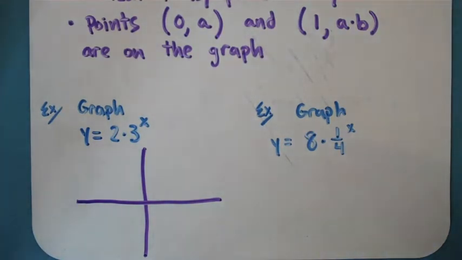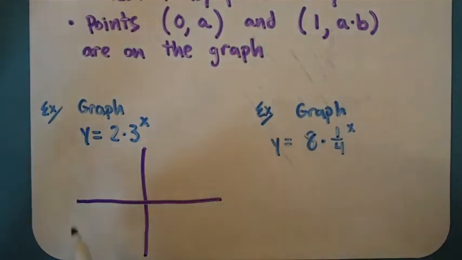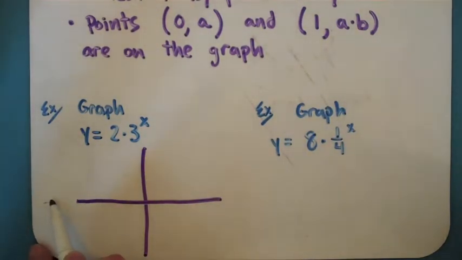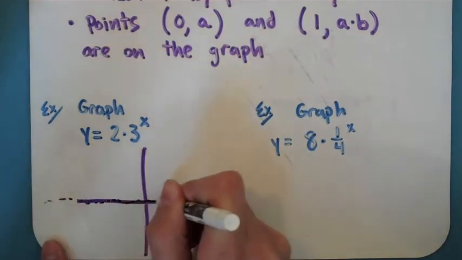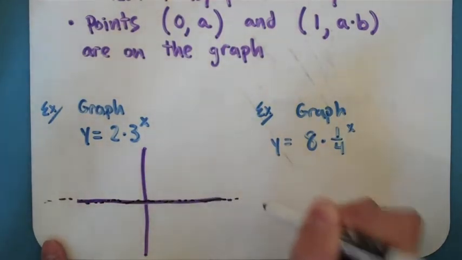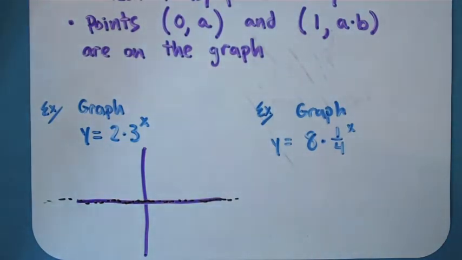As long as I don't move my graph around, and there's no pluses or minuses moving things here, that asymptote, the tail, goes at 0. So I'll draw a dotted line at y equals 0 to remind myself that's where the tail goes. That line shows me where my graph levels off.